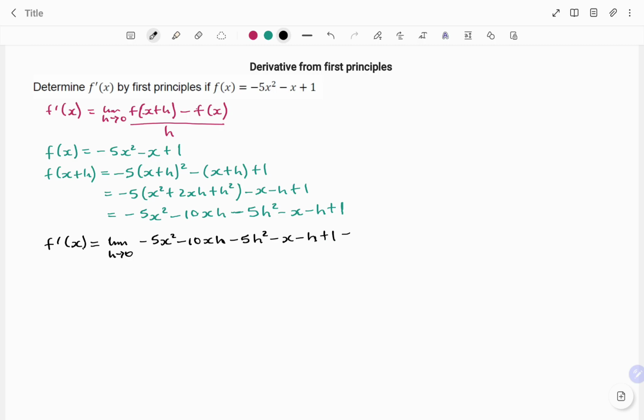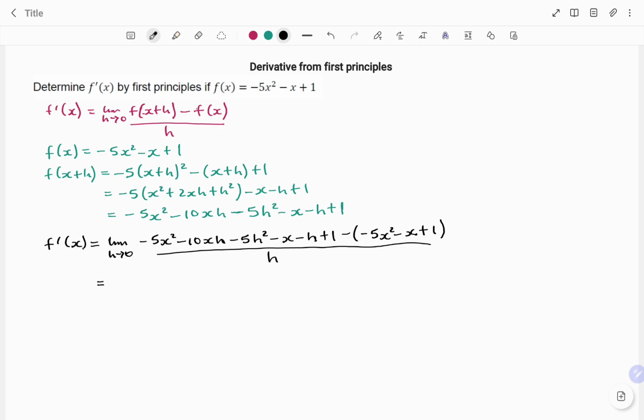Then we have minus f of x. I'm going to put that in a bracket: minus 5x squared minus x plus 1, close bracket, all divided by our h.